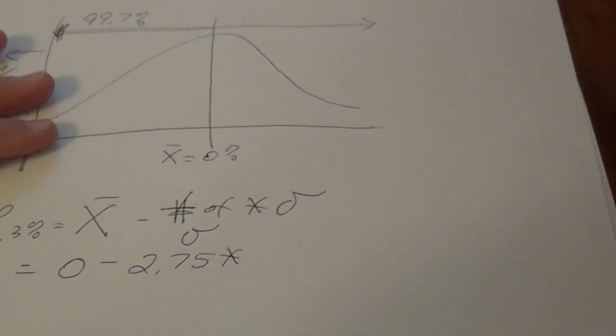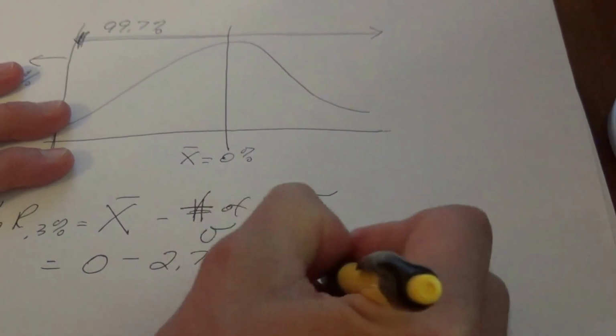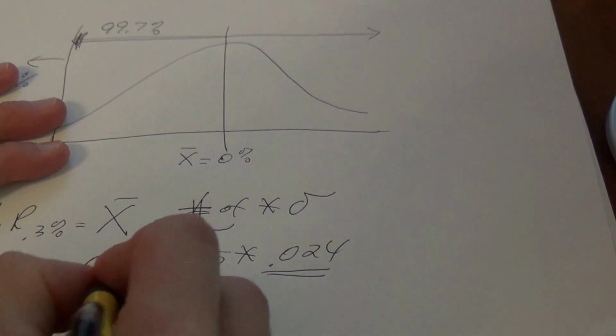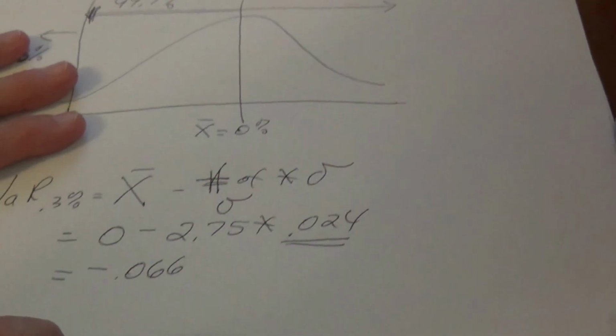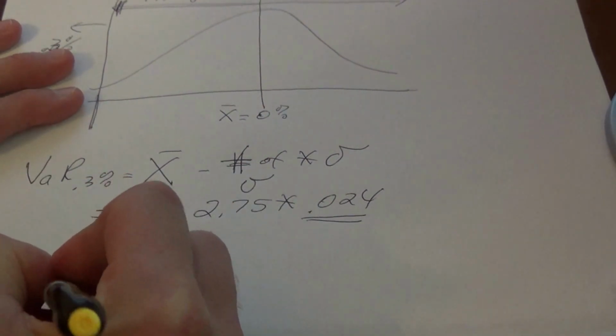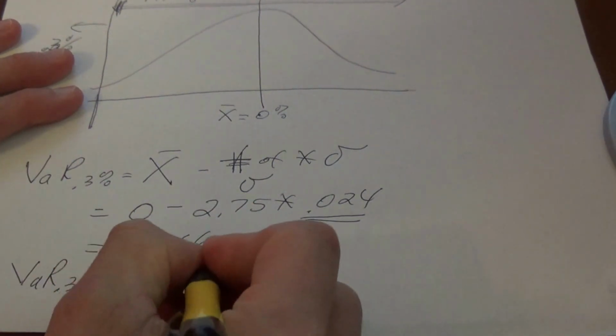So 2.75 times 0.024. Very, very critical: convert all percentages into decimals. When you do that, you should get negative 0.066. So the VaR at 0.3% risk tolerance equals 6.6%.